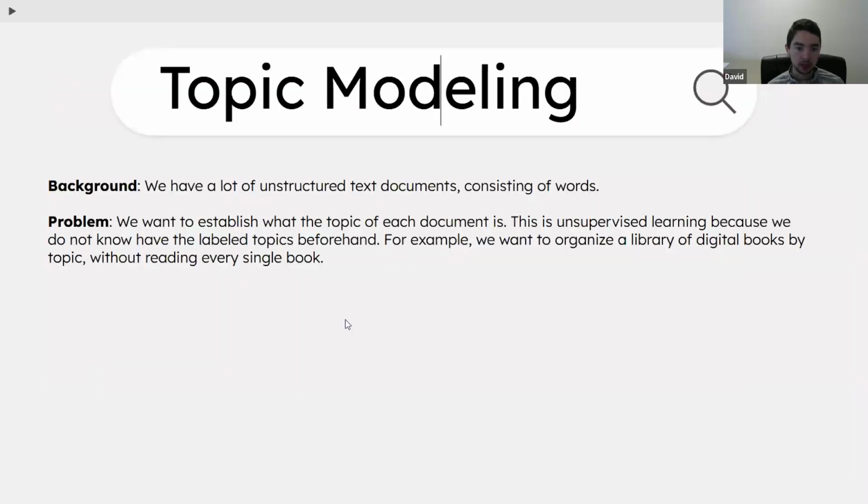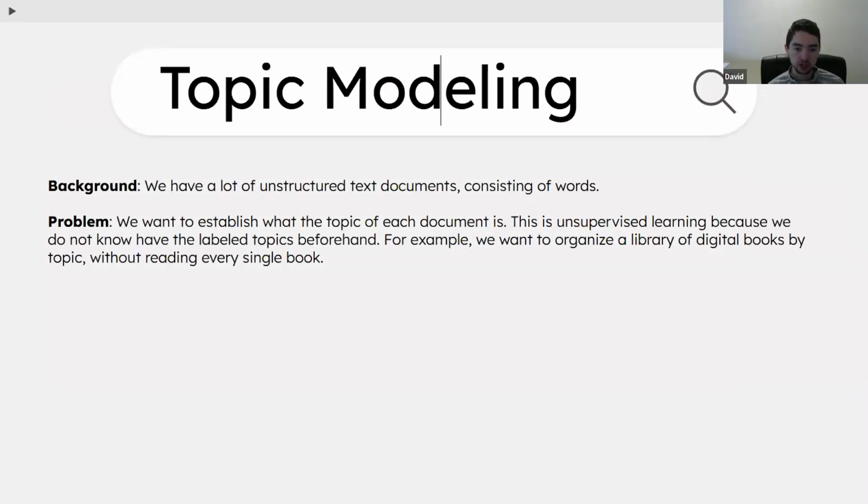So the problem is that we have a bunch of unstructured text documents consisting of words. For example, say that you have a library of books and you want to sort them all by topic without reading all the books. Like if you had a digital library of 2,000 books and you want to organize them based on their topic.